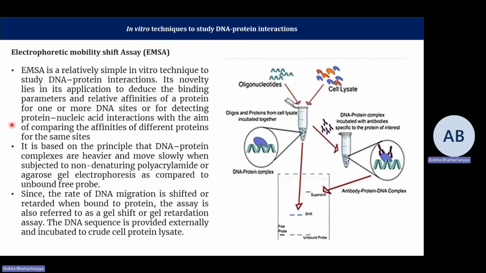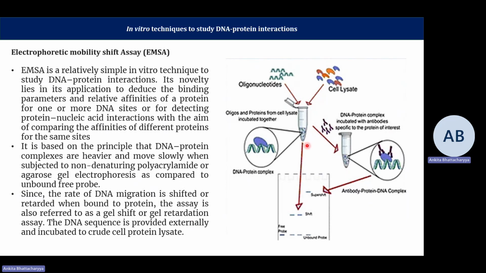The DNA sequence is provided externally and you can incubate it with the crude cell protein lysate. Since DNA migration rate is retarded, you will be able to figure out that there is an interaction between the two.